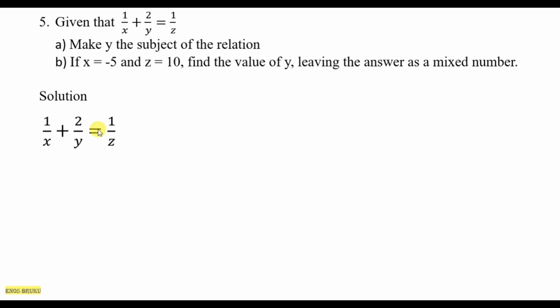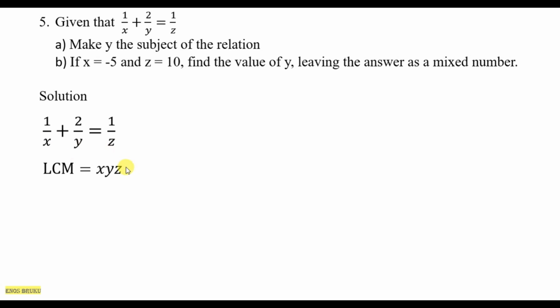You just need to combine the variables, and that will be your LCM. You don't need to look for LCM anywhere. So in this case, I believe you can guess what our LCM will be. Our LCM is xyz, which is a combination of the denominators of the terms.